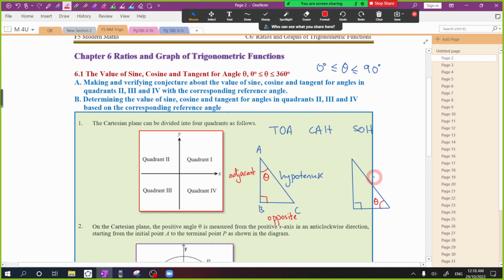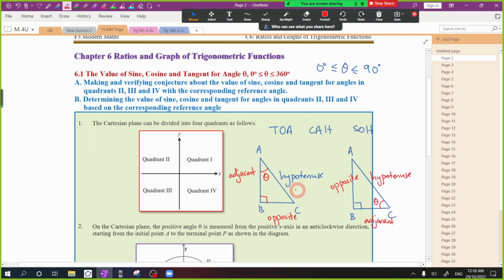The hypotenuse side is still the same, which is always opposite the right angle. But now, the theta is over here. Let me label the vertex first. So AB is opposite theta, right? So AB will become the opposite side. And BC is the side which is nearer to theta. So BC is the adjacent side.